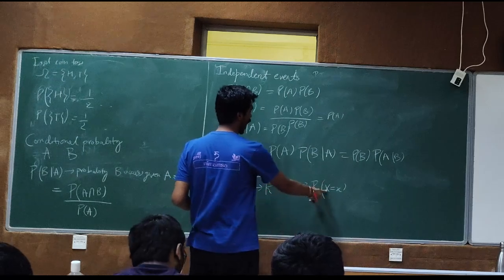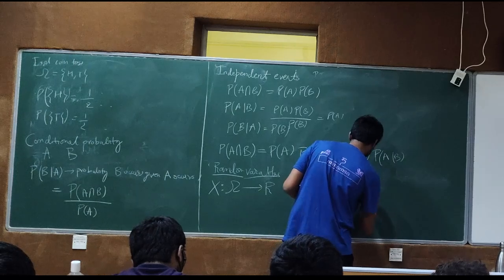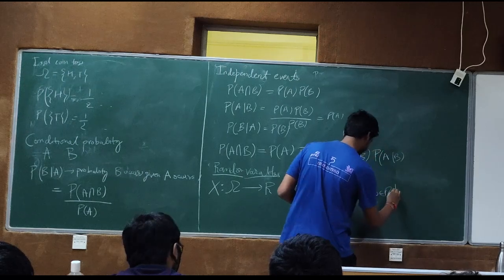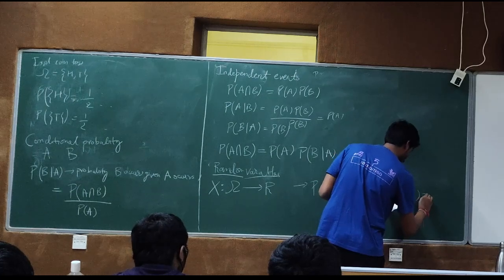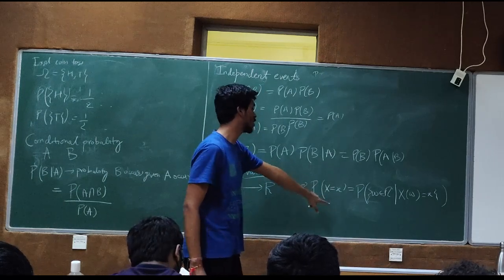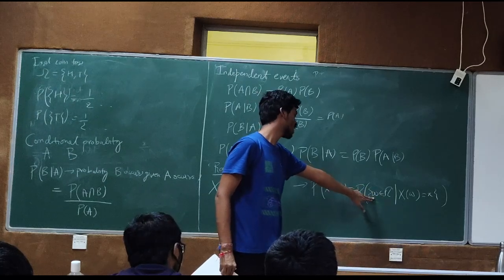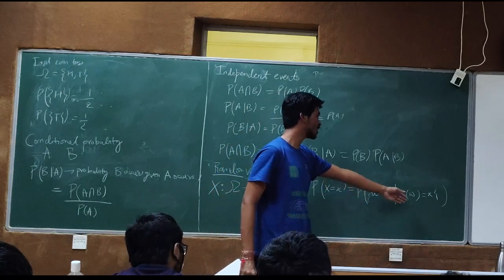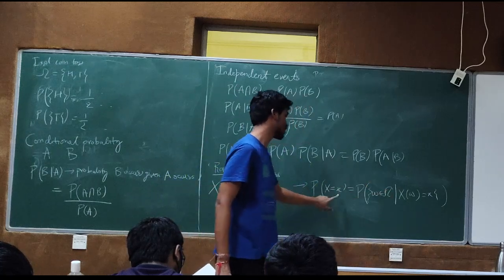The probability that the random variable X takes the value x is the probability of the set of outcomes omega, which belong to the sample space, such that X of omega is the value x.